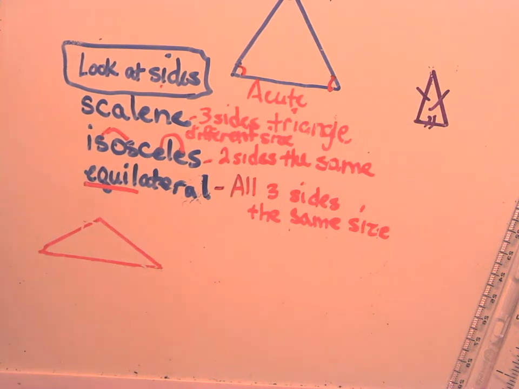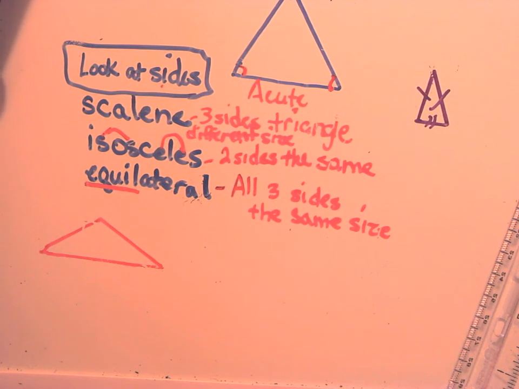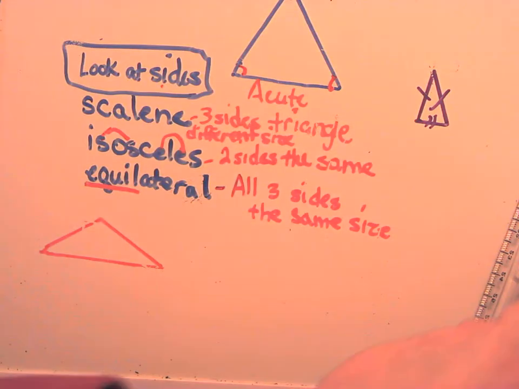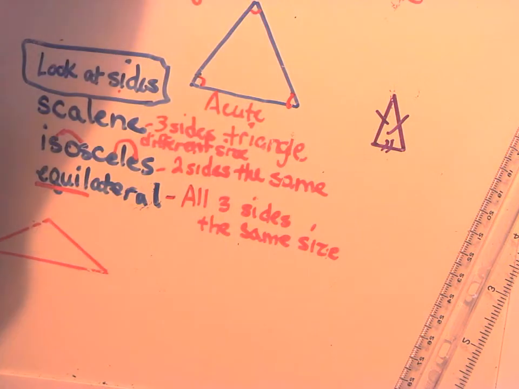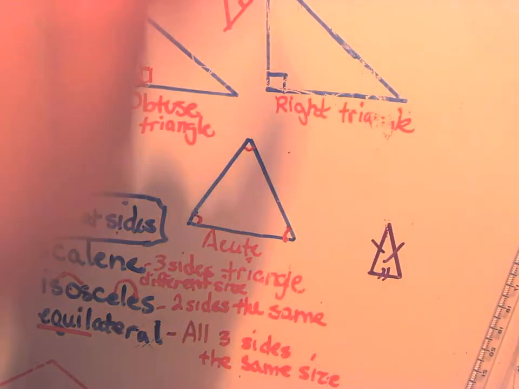I want you to look in your books, okay, on page 497, and let's just kind of go through a few of these things. It says, draw a triangle that is both a right triangle and an isosceles triangle. A right triangle and an isosceles. And that would be like what I have up here.